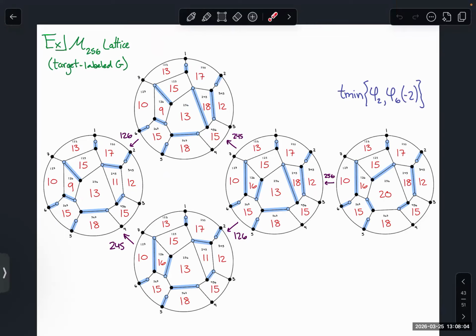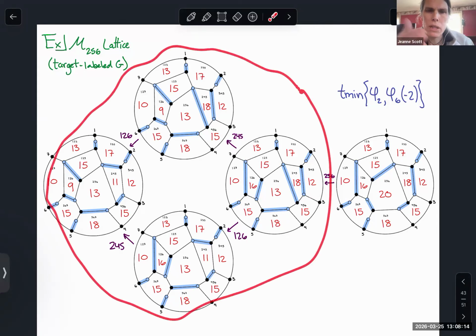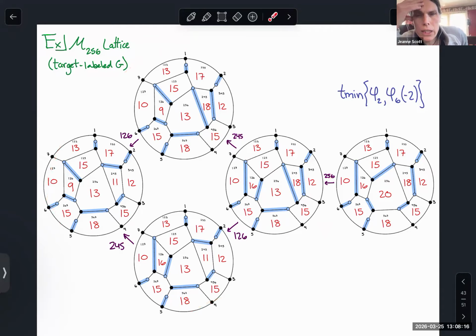This isn't necessarily the world of T mins and T maxes when I step out here. And the intermediate things, between the left and the right sides? I mean, somehow you have a way of expressing them as T mins of some phis. Is that right?